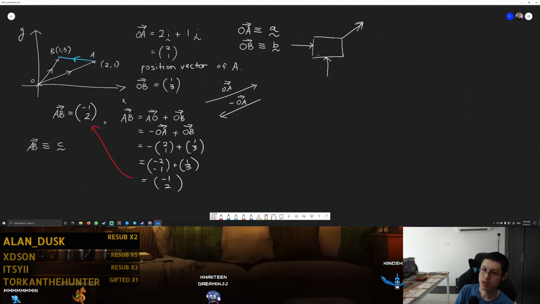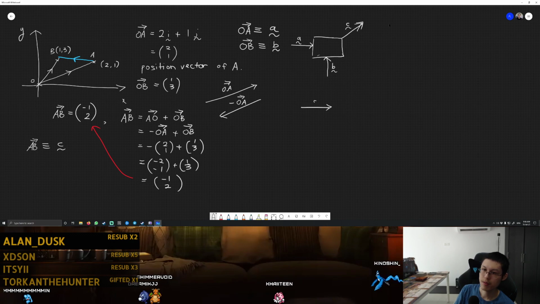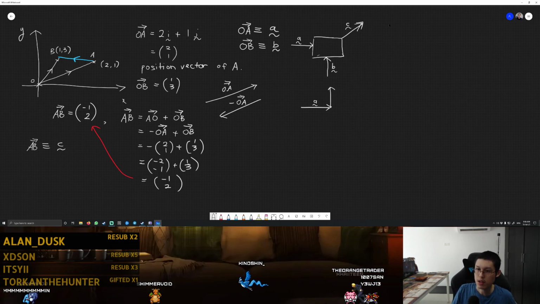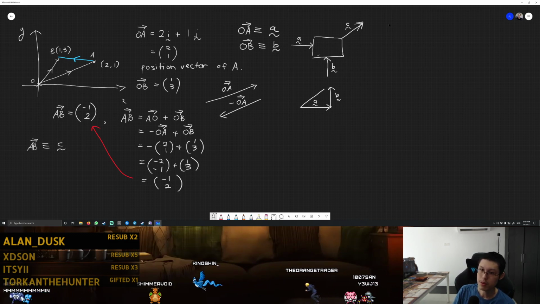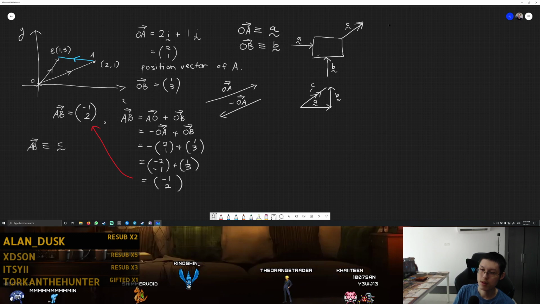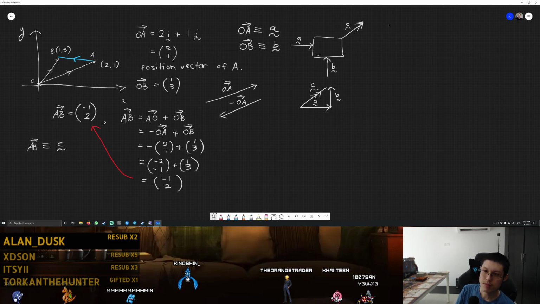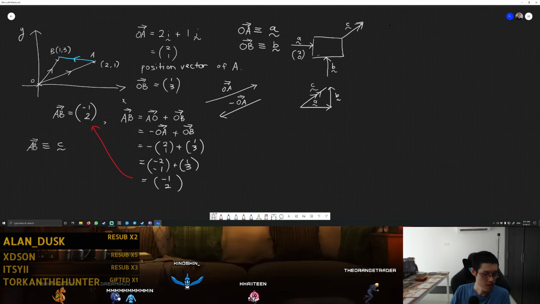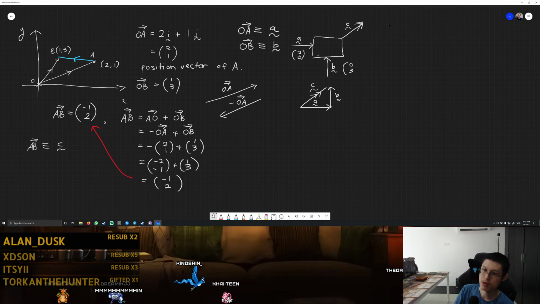So when you add vectors, let's say we call this vector A, we call this vector B, and this is vector C. If I have vector A and I add it with vector B, I should put it like this. And this is vector B, and then C would be this one. So vector A could be something like (2, 0), and then vector B could be something like (0, 3).